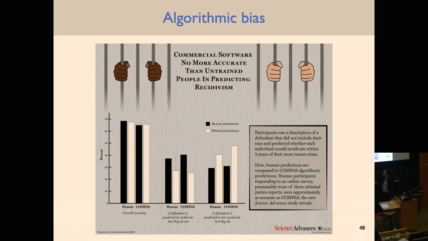The other side is the false negative, where a defendant is predicted to not recidivate, but they do in fact. There's a pretty significant difference based on race: a higher false positive rate for black defendants and a higher false negative rate for white defendants, as they found in this study.